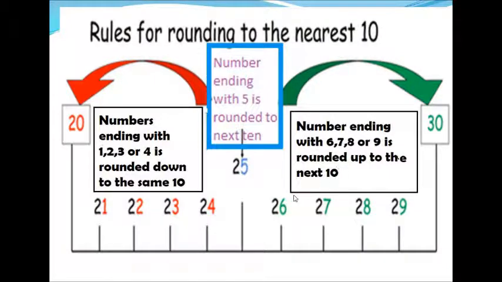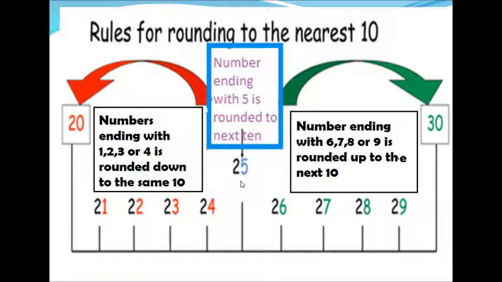In the same way, all the numbers which are ending with 6, 7, 8 or 9 are rounded up to the next 10. That is, 26 is rounded to 30, 27 is rounded to 30, 28 is also rounded to 30 and 29 is also rounded to 30.